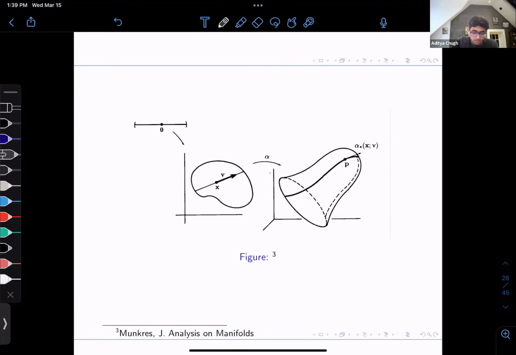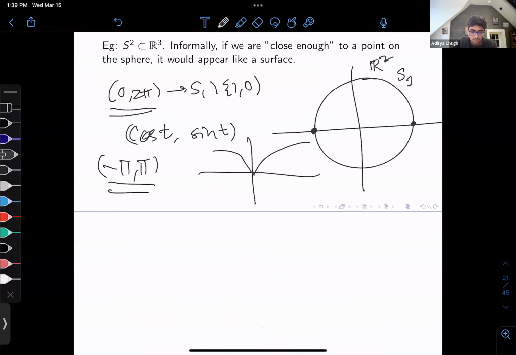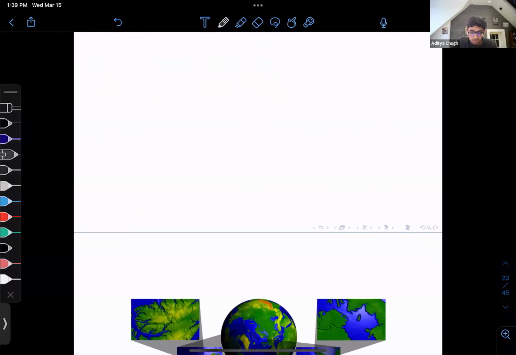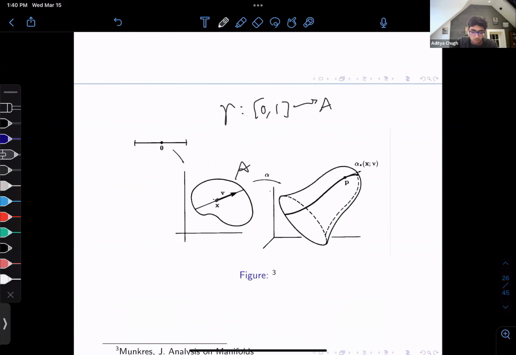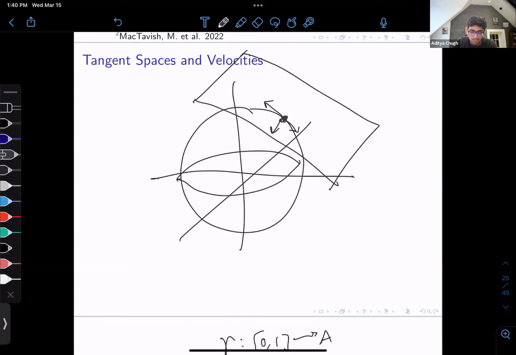If you have a path going from, if you call the subset A, and then you could trace that out, and then similarly you could use a map like this, that would help you go from this space to this space, and you could similarly define a velocity vector which lives in a space like this.